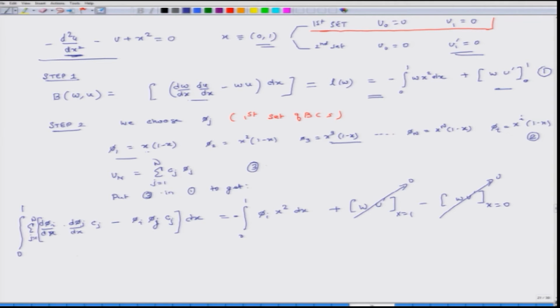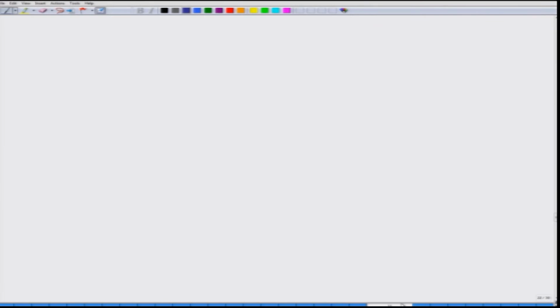So, from this we can calculate this B matrix, okay, and this C vector, and this is equal to F. For simplicity, let us say n is equal to 2. Suppose we want to develop a 2 by 2 equation.